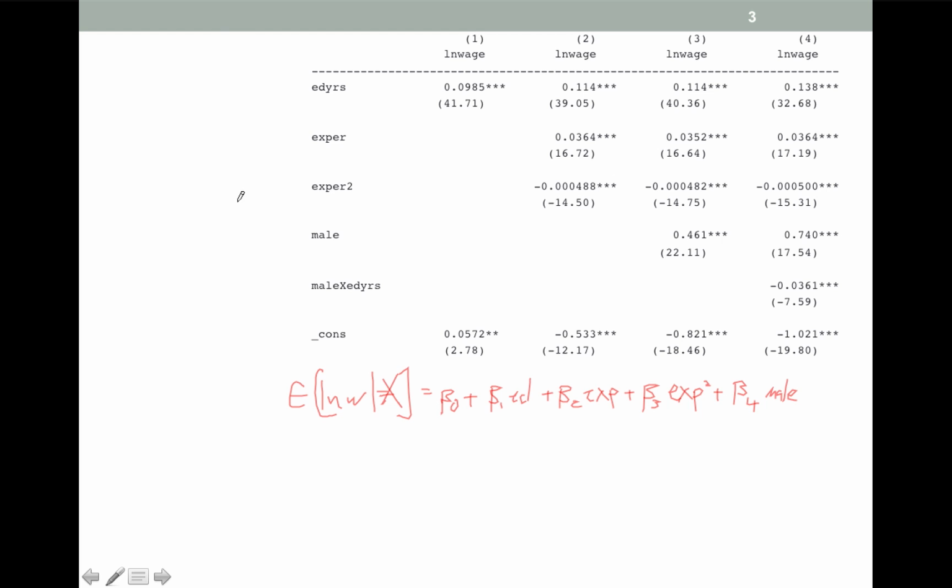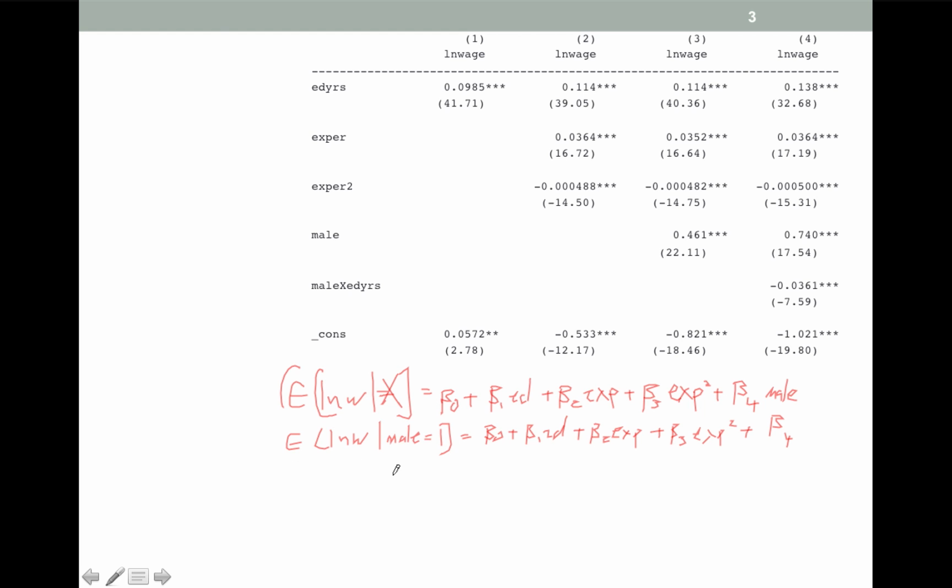But what we can do is evaluate this expected value at male equals 1 and male equals 0. If we take the expected value of log wage, holding all the x's constant and holding male equal to 1, what we get is beta 0 plus beta 1 ed, beta 2 experience, plus beta 3 experience squared, plus beta 4, plugging in a 1.